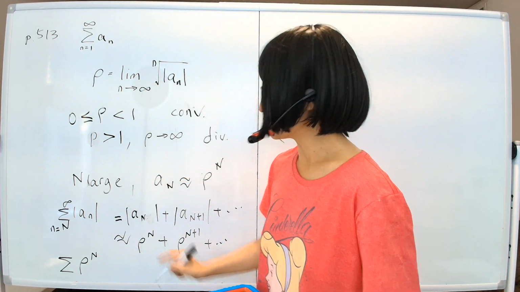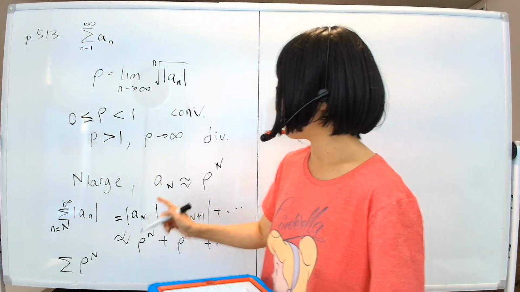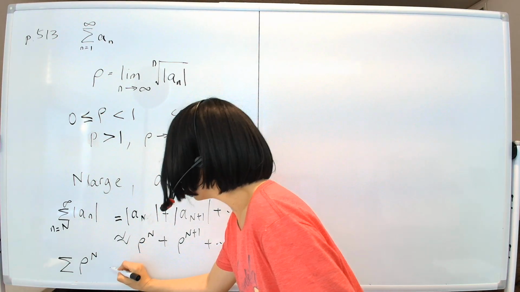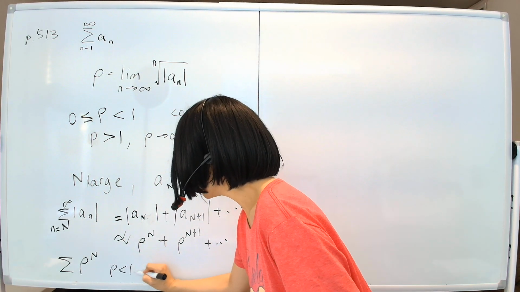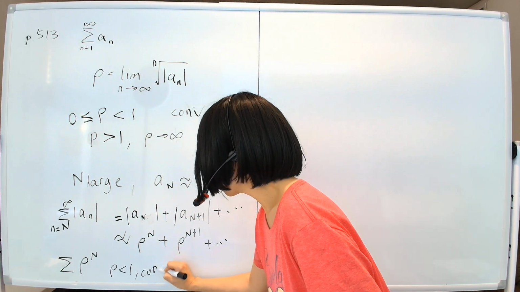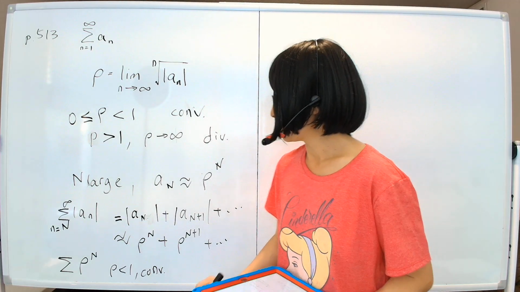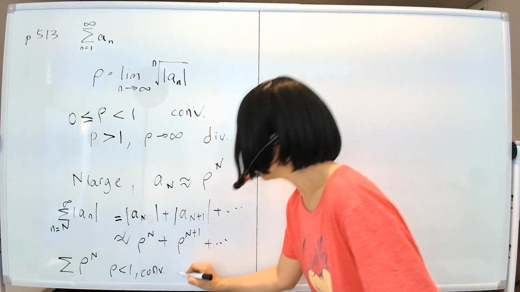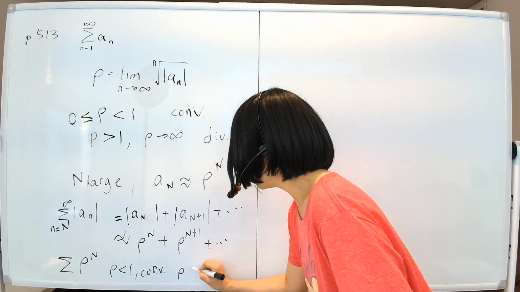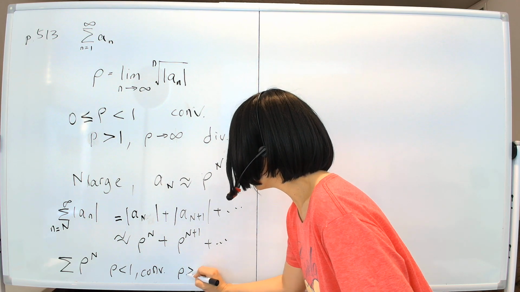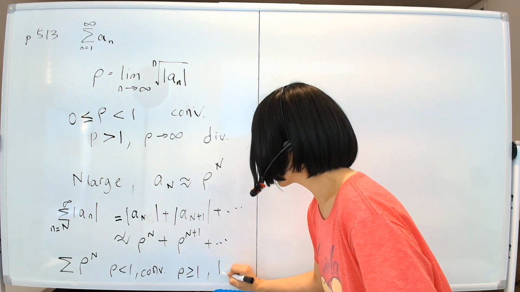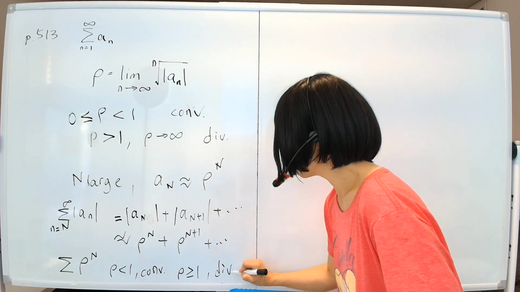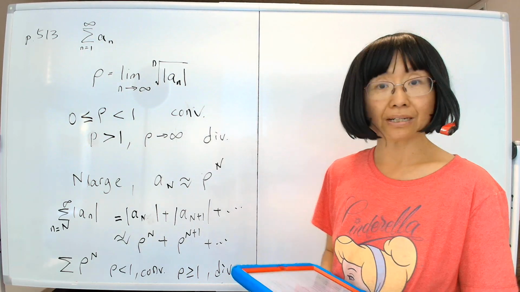As a geometric series, the rule says that if the rho is less than 1, then it converges, right? And if rho is bigger than or equal to 1, then it diverges. That's the rule for the geometric series.